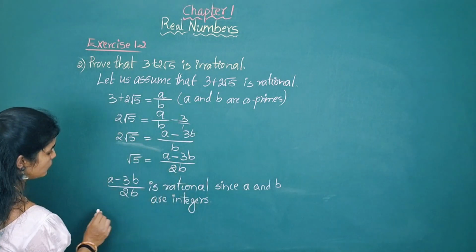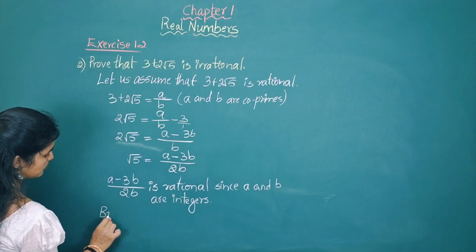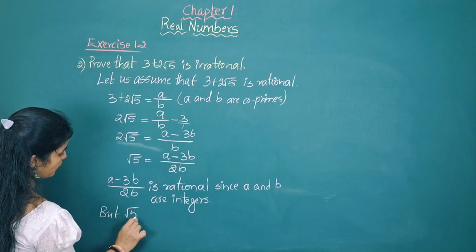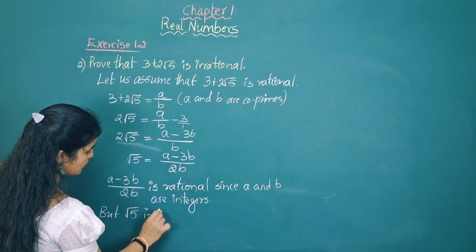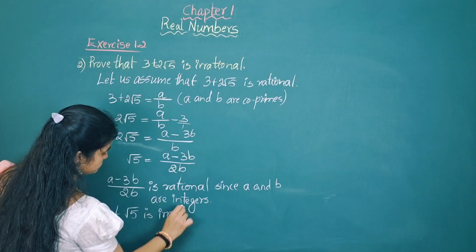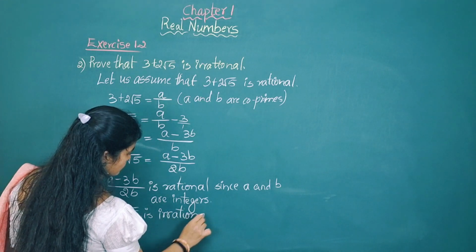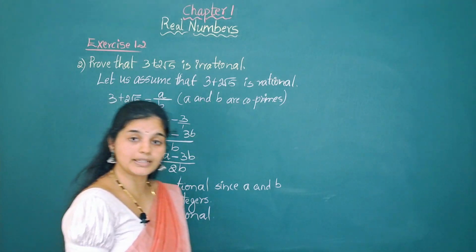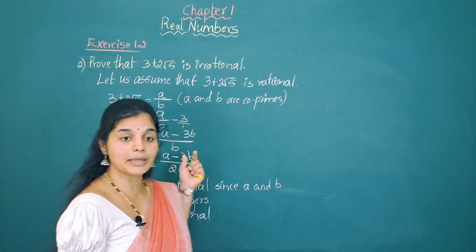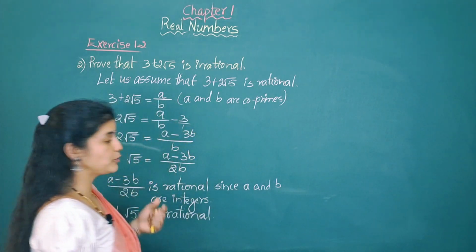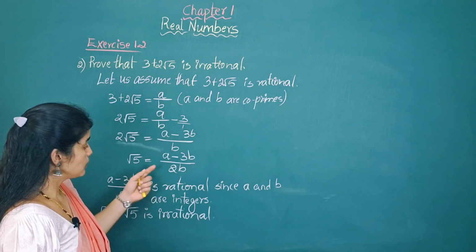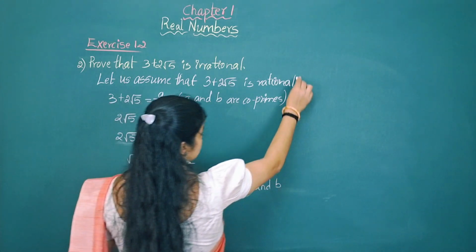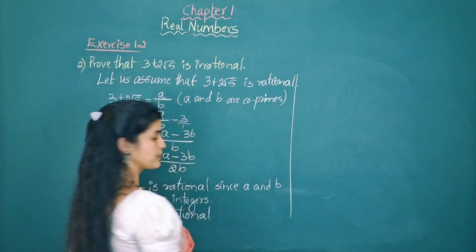But you know, root 5 is irrational, right? Root 5 is irrational, but A minus 3B divided by 2B is rational. So now what we can tell?